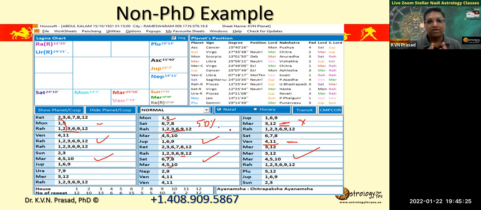So, according to my formula, the third rule failed. Second also didn't match. But we all say Dr. Abdul Kalam. How did it happen? Either my formula is wrong, or he didn't really do a PhD.